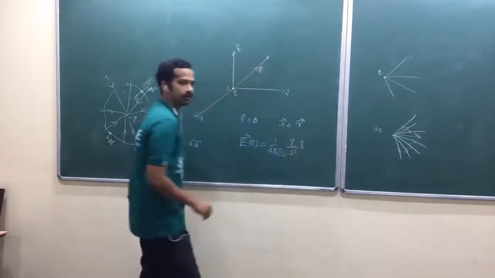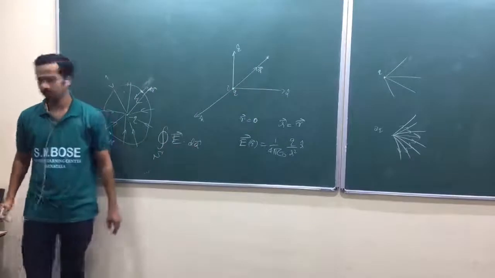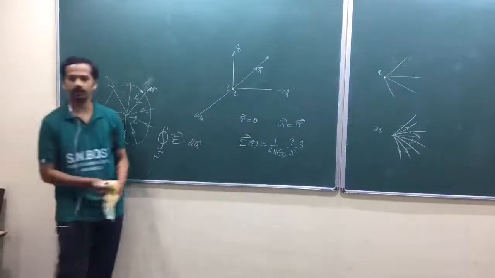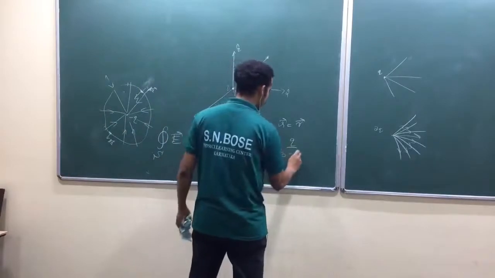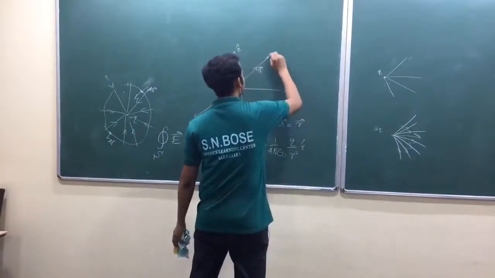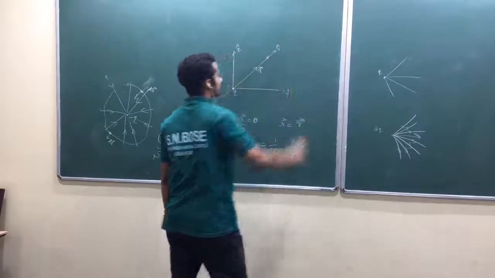That's what you have written. But italic R is nothing but ordinary R, so I can write R square into R cap. What is R cap? This is the direction, R cap.